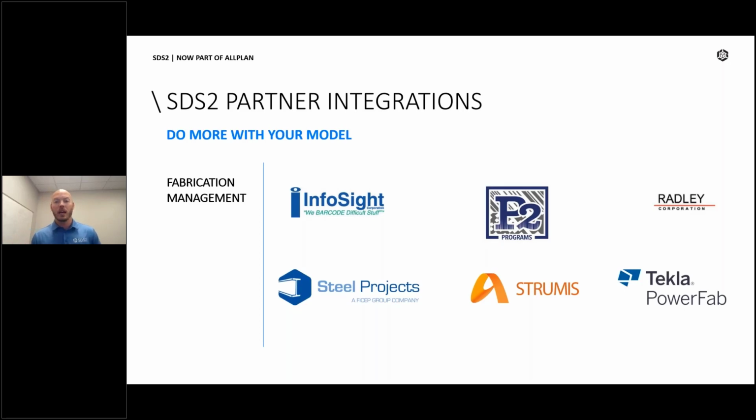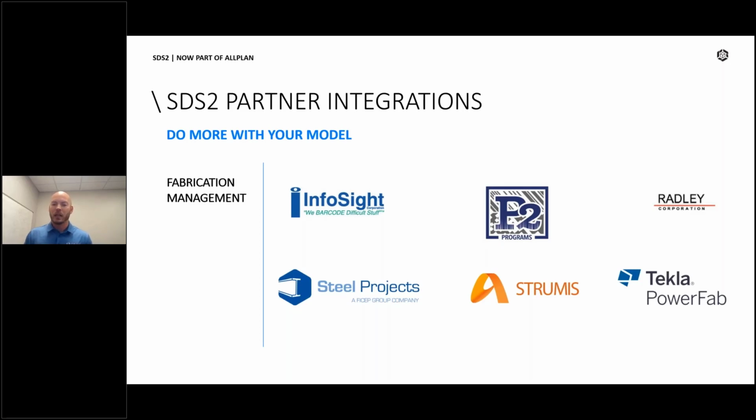Some of those fabrication management partners you'd run into today are InfoSite, P2 with the barcoding, Radley Corporation, Steel Project, Strumis, Tekla PowerFab for your inventory, your production control, things like that. We work really well with all of those guys.